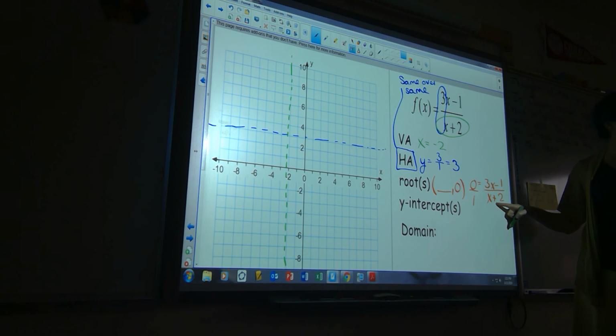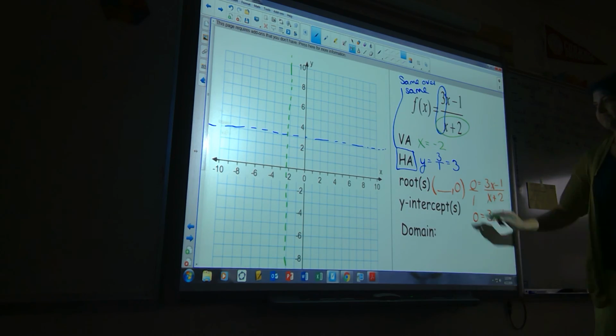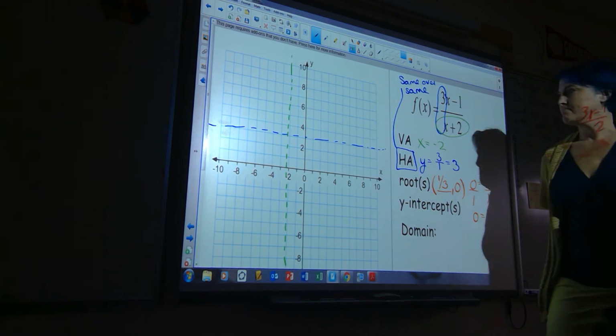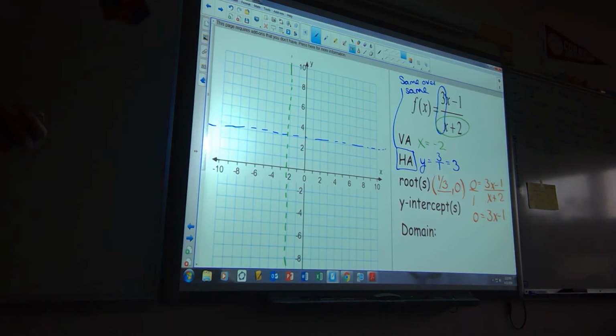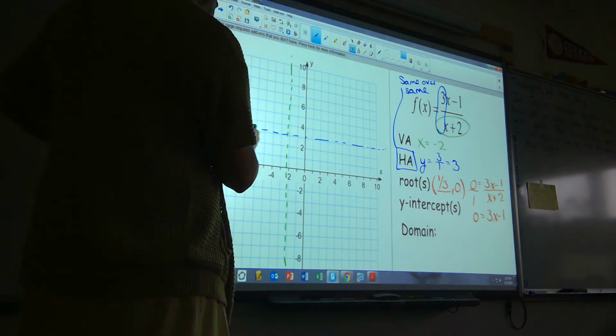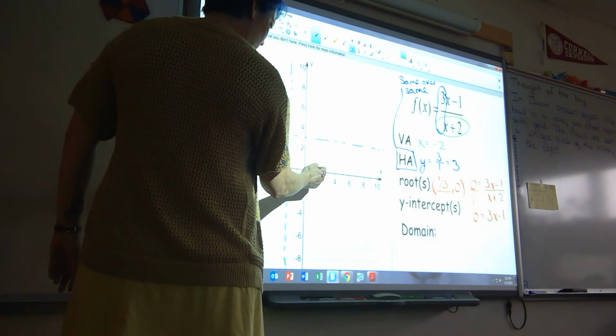This is where the vertical asymptote comes from. The zero maker of this is the x-intercept. Because when you cross multiply, you're going to get 0 equals 3x minus 1. So the zero maker is what, 1/3? So sometimes that's a shortcut for finding your x-intercepts. It's what makes the top 0. So over 1/3 of 0.